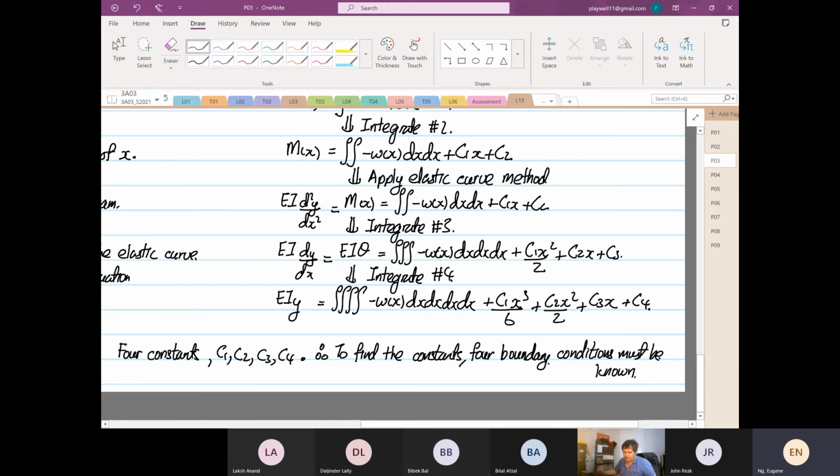So you need to know 4 boundary conditions. If you don't know 4 boundary conditions, you're done. Okay, so as I said, we have to know 4 boundary conditions.